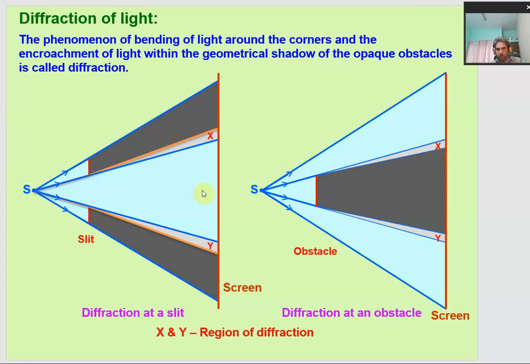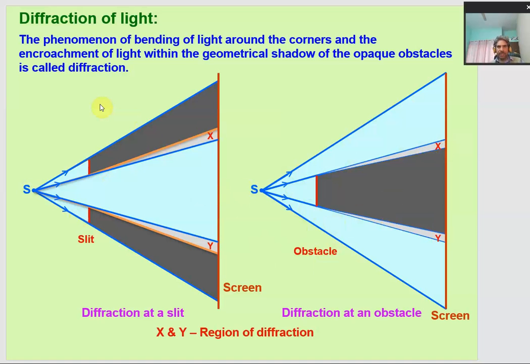From both of these behaviors shown by light, Huygens concluded that light should not be traveling like a ray, but like a wave. And then he proposed this phenomenon as the diffraction of light.